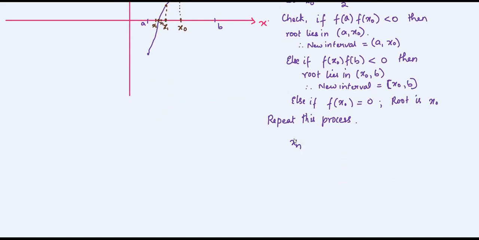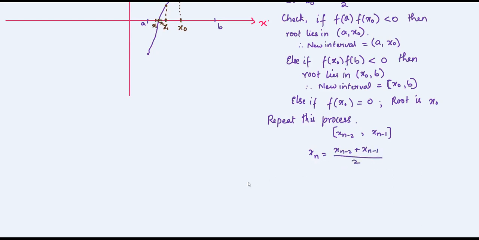At the nth iteration, you get that between x n minus 2 and x n minus 1 the root exists, let us say. So then xn we find out as x n minus 2 plus x n minus 1 upon 2.